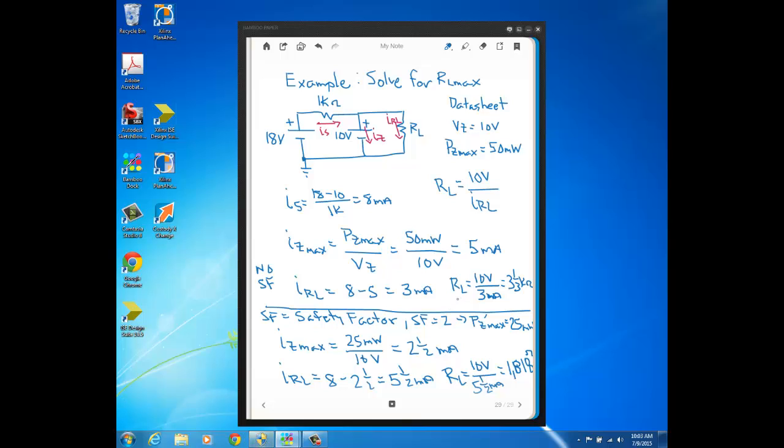Remember, this is RL max here. With the safety factor, you can see the RL max is much less. It's 1800 ohms compared to 3333 ohms. So this is how you calculate RL max, both without a safety factor and with a safety factor.